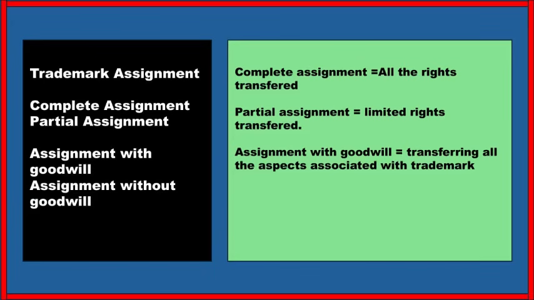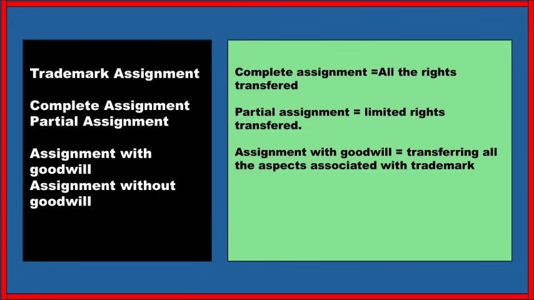It includes not just the logo or the name, but the intangible assets, recognition, and earning power associated with it. Thereafter, the new owner, that is the assignee, can use the trademark for the same goods or services that the original owner used it for. And once assigned with goodwill, the original owner, that is the assignor, is barred from using the mark for those products.